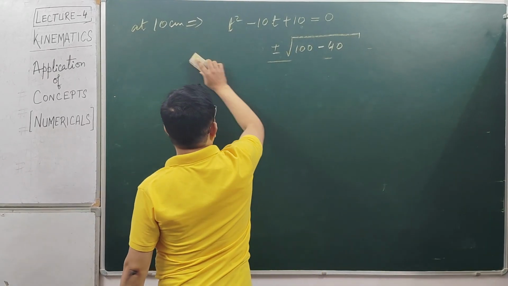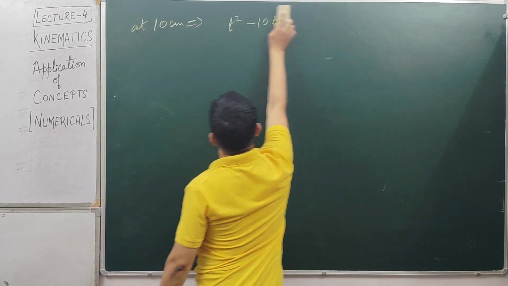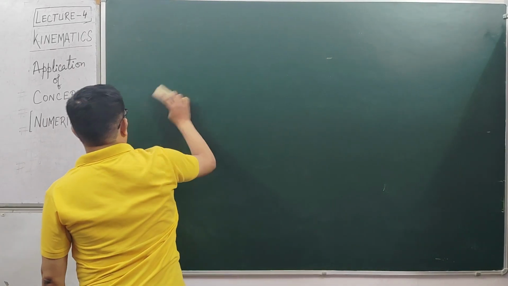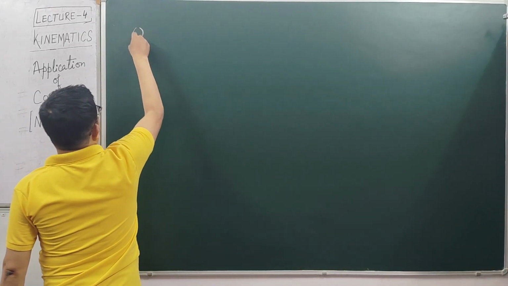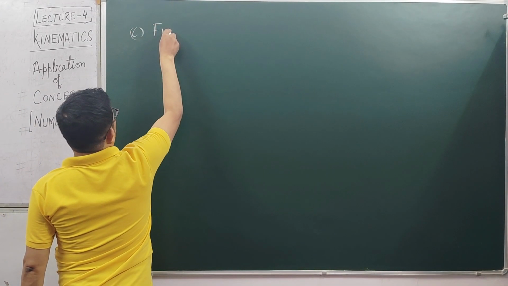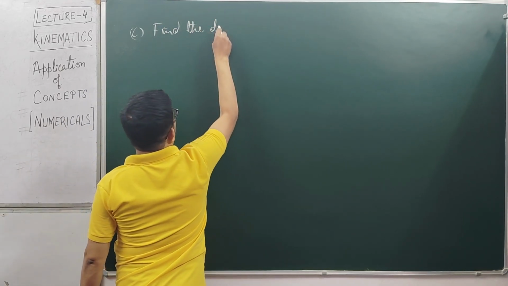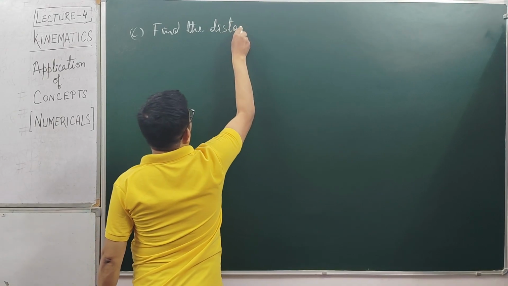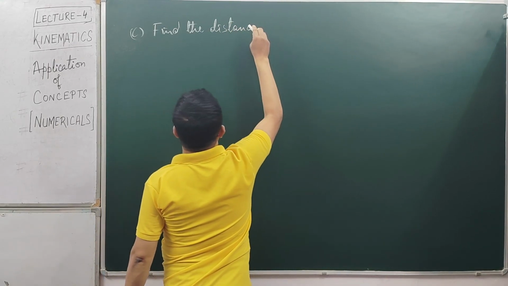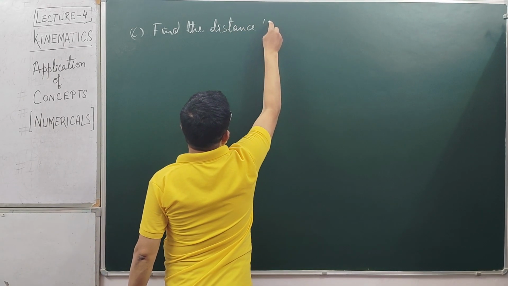So how do we use that equation that we have, velocity as a function of time? You need to find the distance, or the total distance s.